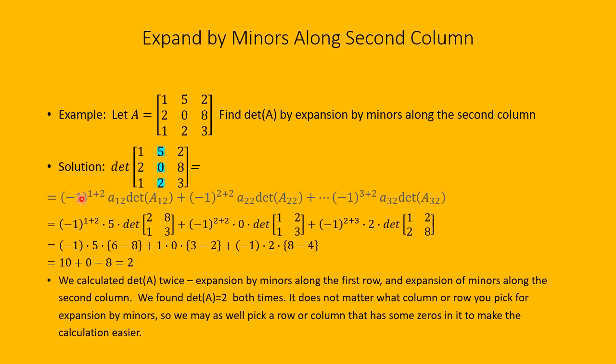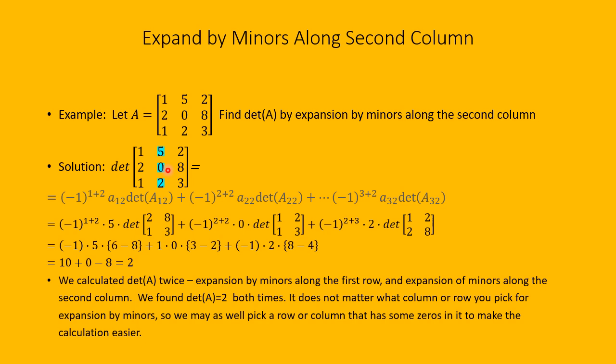So we have minus 1 to the 1 plus 2, times this element, which is 5, times the determinant of the matrix that we get by deleting the row and column that it's in. And so the submatrix is 2, 8, 1, 3. That's what we have right here. Okay, then we move down to here.